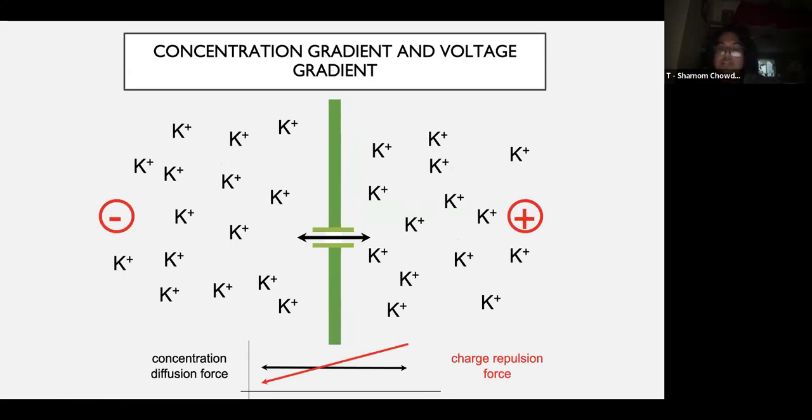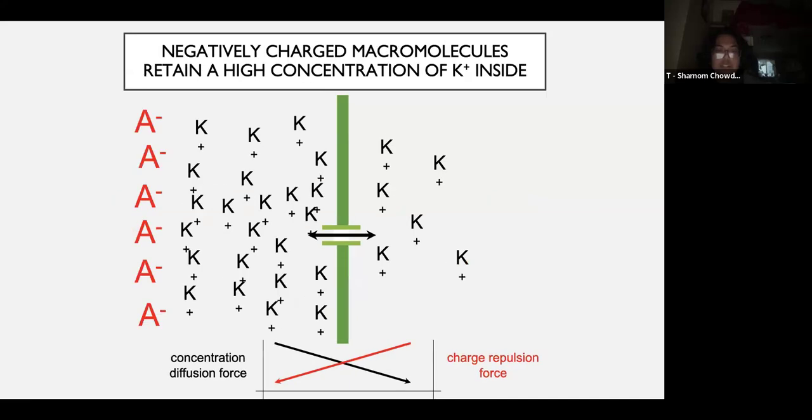However, you have to take into account the voltage gradient. Because there are so many negatively charged macromolecules within the cell, you need a high concentration of potassium on the inside. So the electrochemical gradient takes precedence over the concentration gradient.